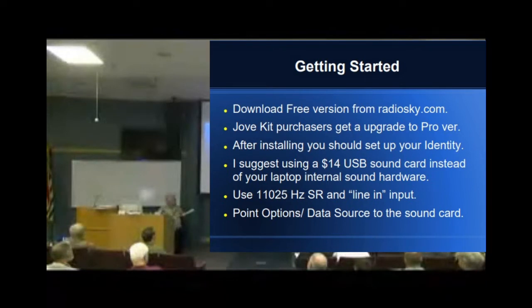Now, one problem that's come up recently quite often is modern laptops often have very peculiar internal sound cards, and they're made for listening to music mostly. They're not very good for recording.